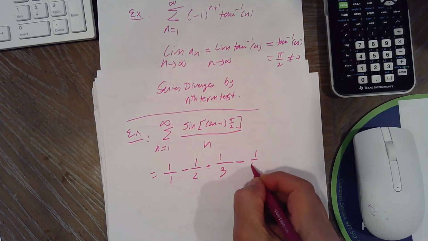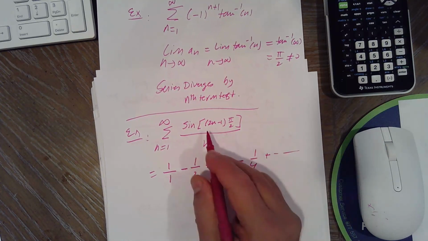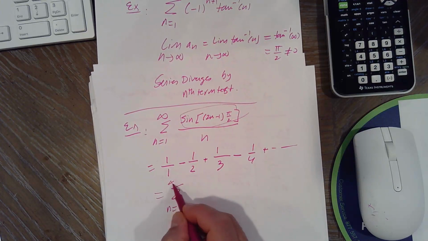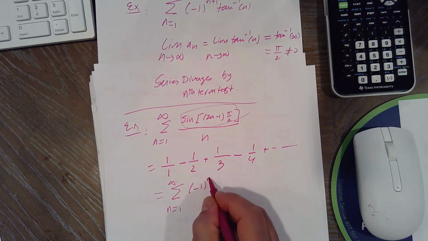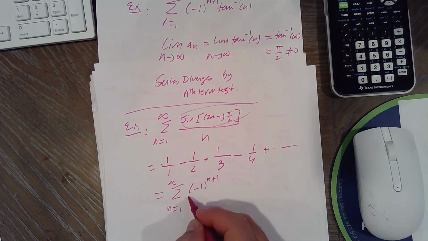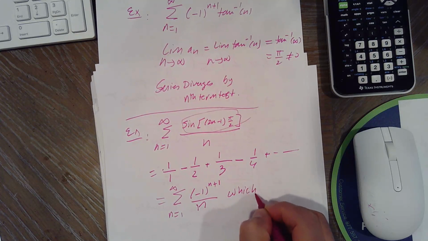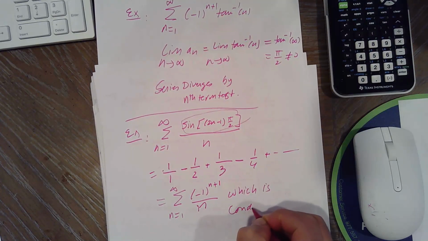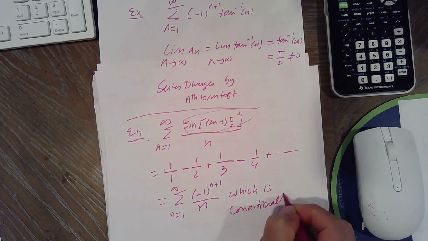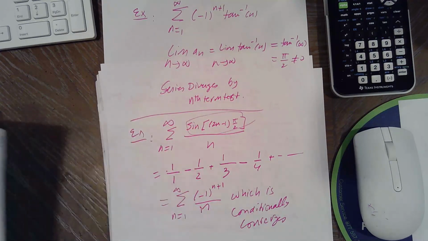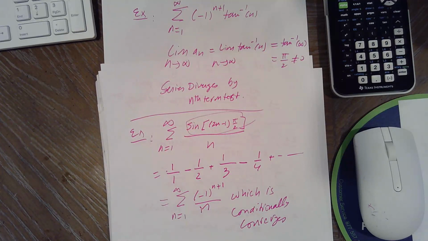So it actually is an alternating series, so instead we can make it nicer so it doesn't scare you: negative 1 to the n plus 1, since it starts with a plus, which we proved is conditionally convergent. Why conditionally convergent? Because it converges but it doesn't converge absolutely. And that's it for 11.5. We will see you in 11.6.